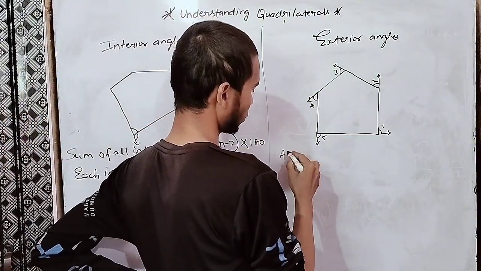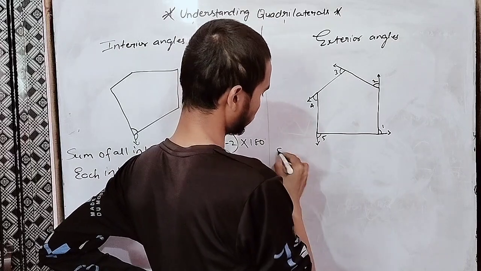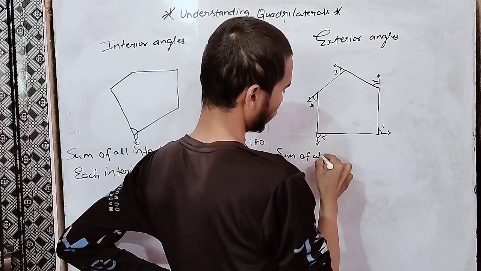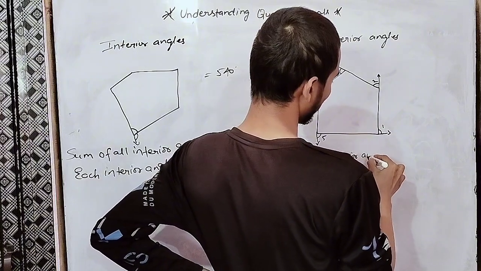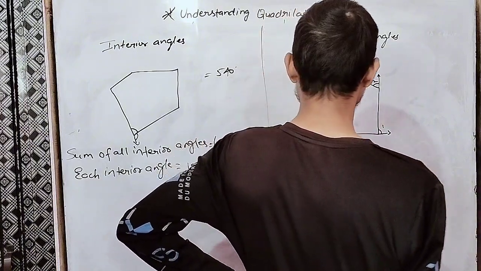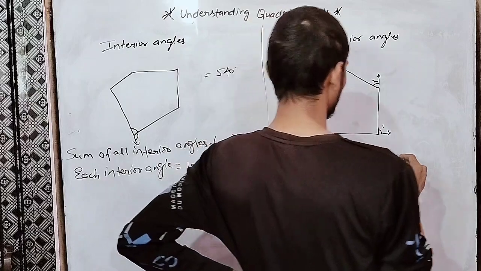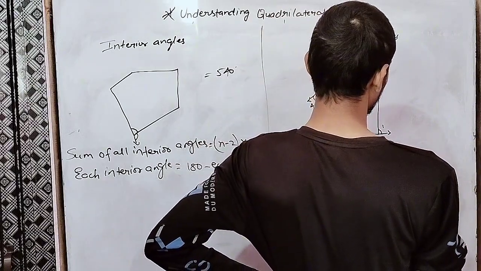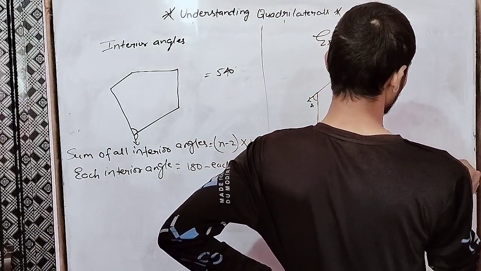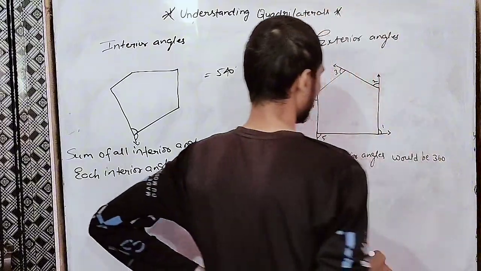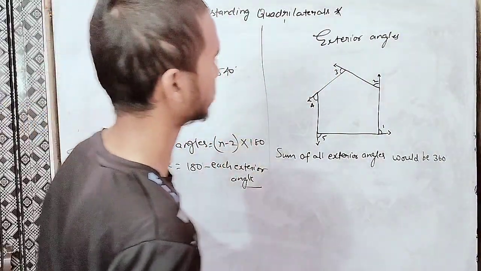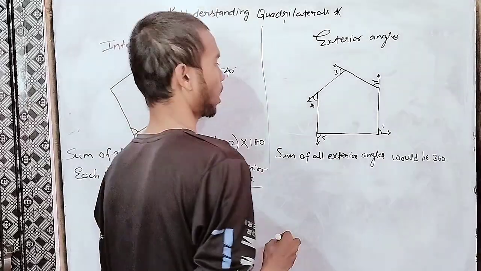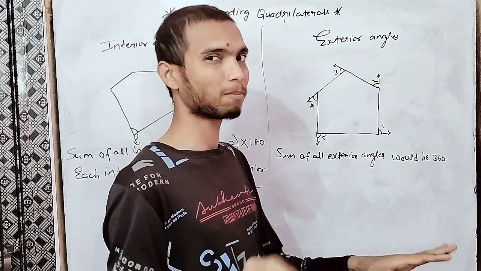So the sum of all exterior angles would be 360 degrees. Clear? The sum of all exterior angles would be 360 degrees. This is very simple.